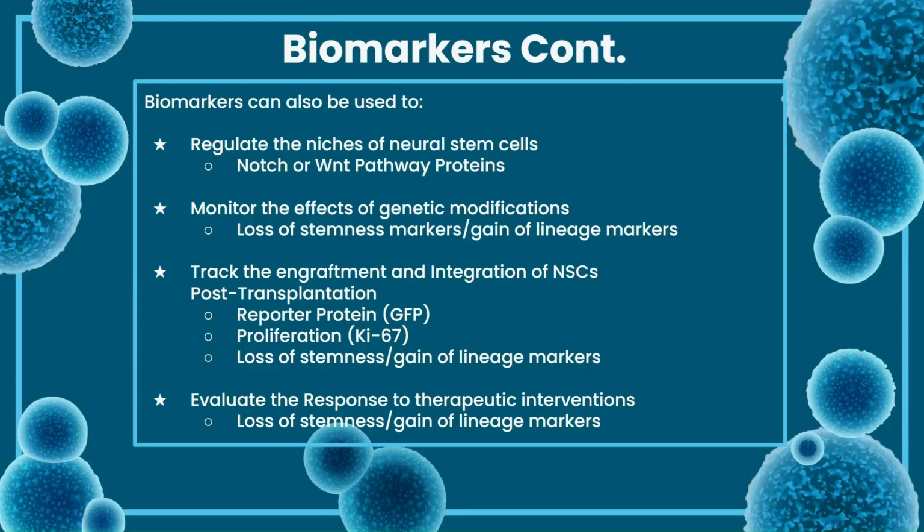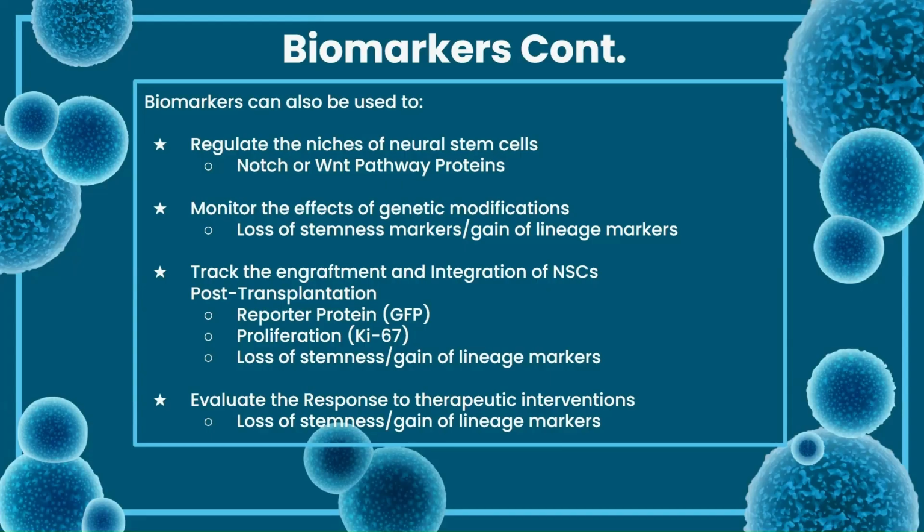As the stem cell travels and mobilizes to whatever niche it needs to go to post-transplantation, we can monitor the survival and stem cellness of that cell by looking for biomarkers such as Ki67. Identifying that Ki67 biomarker tells us that the stem cell is still actively dividing in whatever niche it has traveled to.